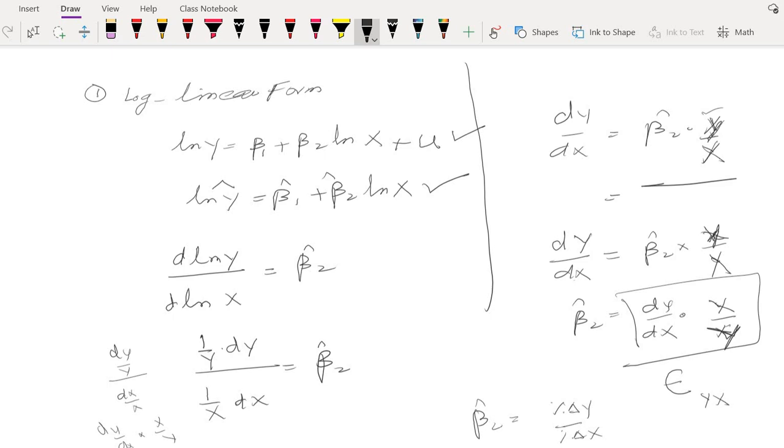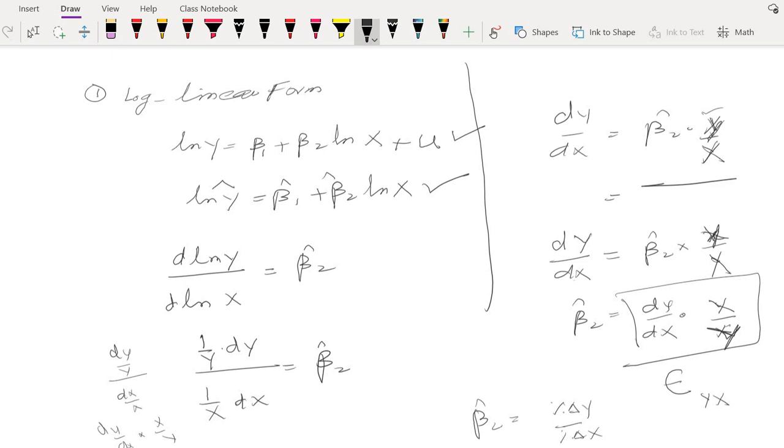If we use any other model, then to get the elasticity figure we'll have to calculate it. But in the model where we have the logarithm of y and the logarithm of x, every coefficient is not a slope but an elasticity. Elasticity is a relative or percentage change, whereas dy by dx, which is the slope, is the absolute change.